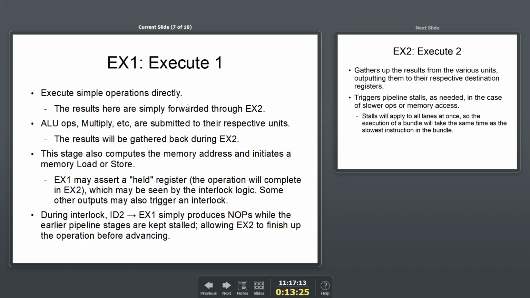So that's kind of convenient. ALU ops, multiply and so on can be submitted to their respective units. The results will be gathered back during EX2.